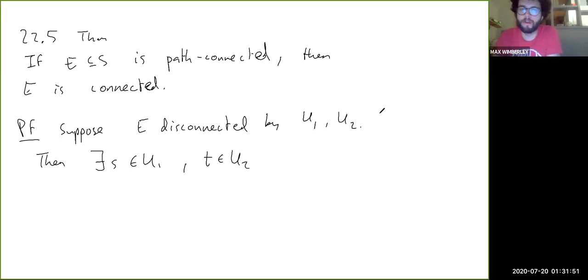U1 and U2 are supposed to divide E into two disconnected pieces. So the point is we'll just show that that's impossible, because if you try to do that, you can take a point in one piece and a point in another piece and join them by a path, and that shouldn't be possible. So there exists a gamma connecting them.